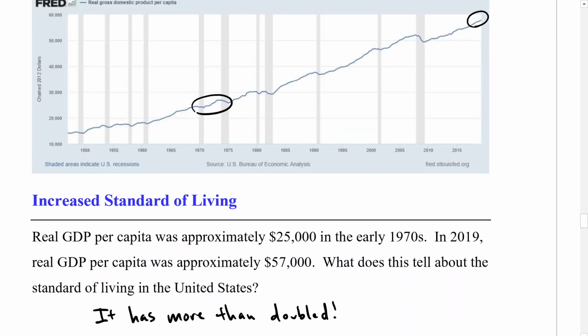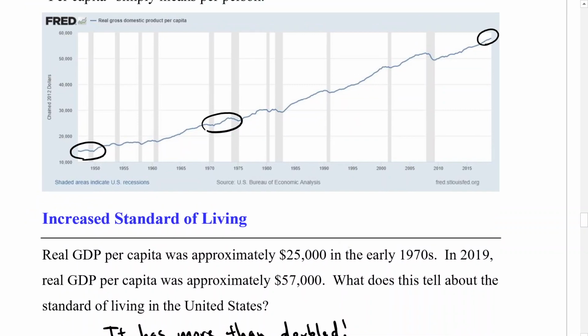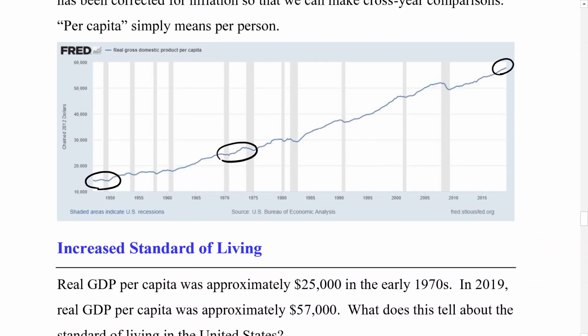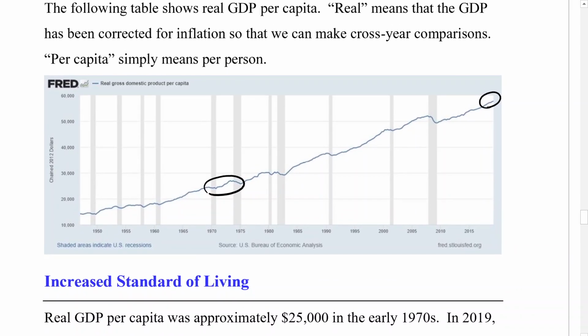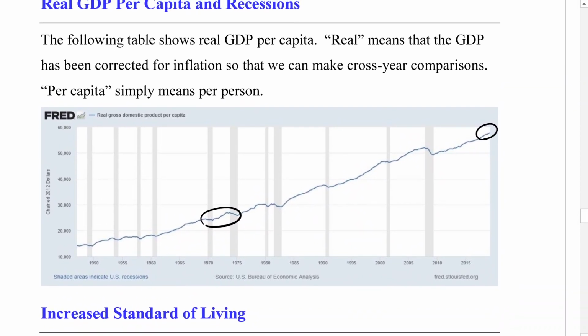If you take it back 75 years to the early 50s, it's almost more than quadrupled. And so what we're really seeing here is this increased real GDP per capita. Like we talked about in the last video, that's a really good proxy for economic growth, it is economic growth.